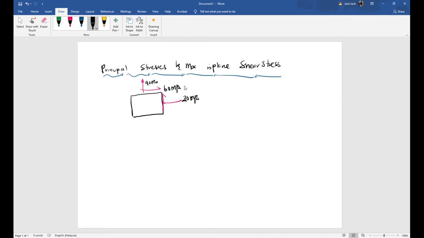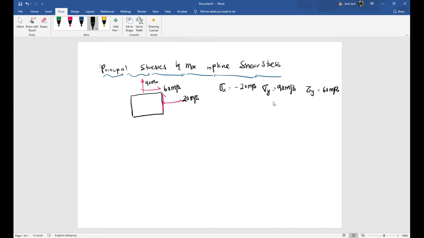Let's define the parameters. By referring to this diagram, your sigma x is equal to minus 20 megapascal. Why minus? Because the direction of the normal stress is inward to the plane. Your sigma y is equal to 90 megapascal, and your positive shear stress is equal to 60 megapascal.